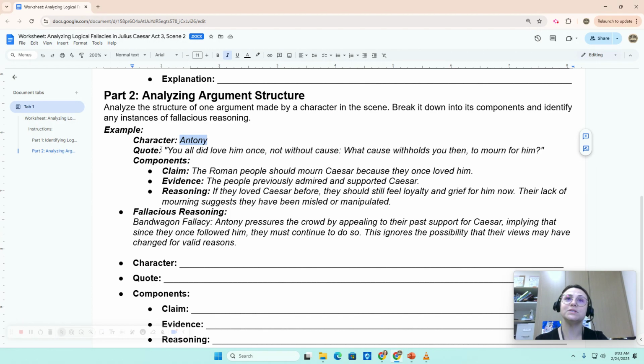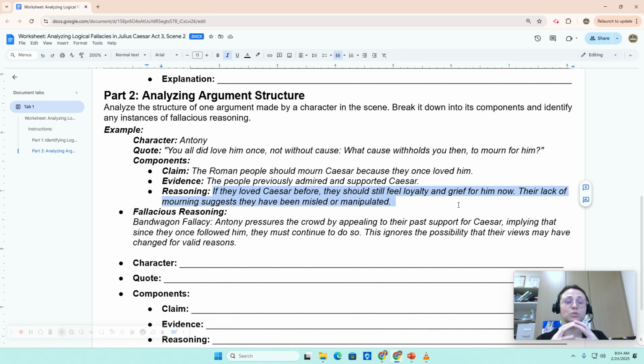What cause withholds you then to mourn for him?" So his argument is, you all loved Caesar, and so you should mourn for him now. And his evidence is that the people previously admired him and supported Caesar. And the reasoning is, if they loved Caesar before, they should still feel loyalty and grief for him now. Their lack of mourning suggests that they have been misled or manipulated.